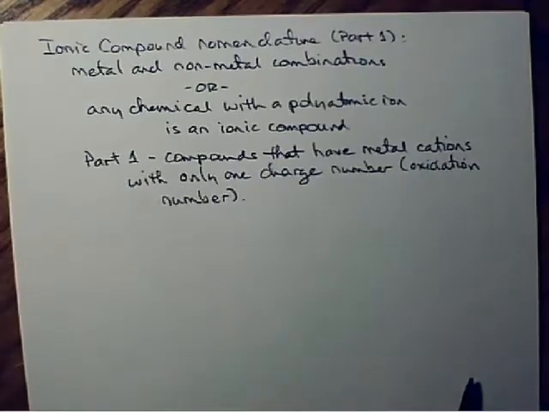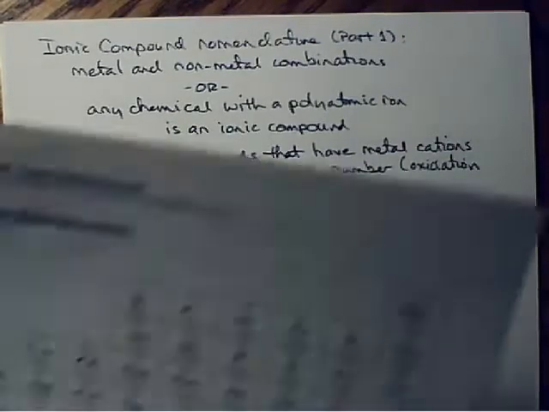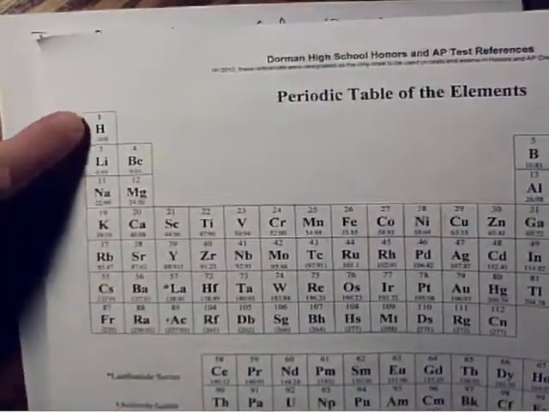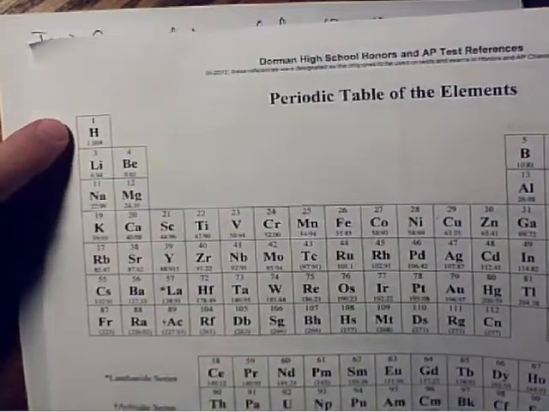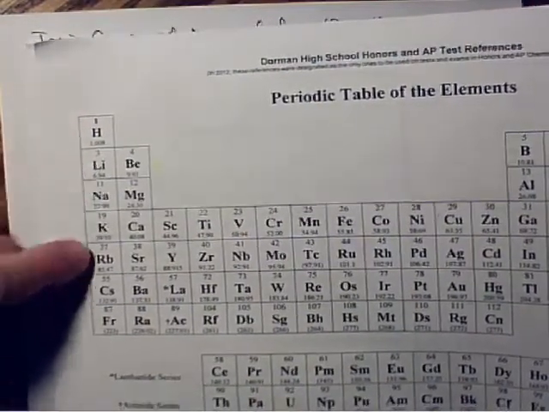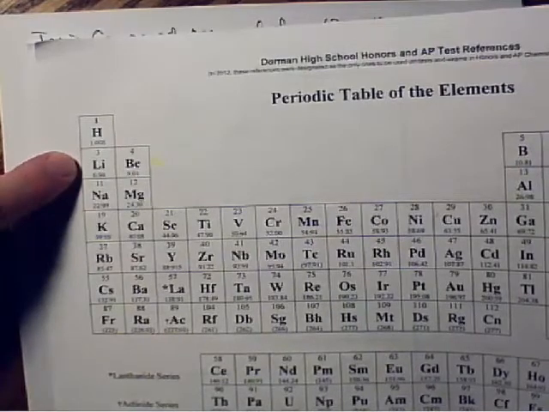Alright, going back to the periodic table, let's remind ourselves of the columns of elements for which you already know the cation charge numbers. Alright? So except for hydrogen, because hydrogen generally is treated as if it's not a metal, all these elements have the same charge. And that charge is 1 plus.